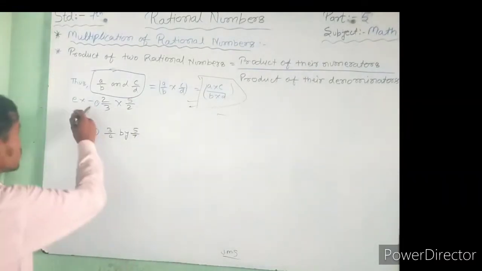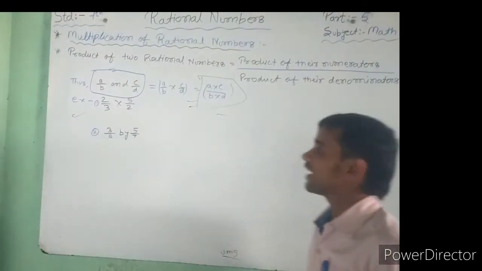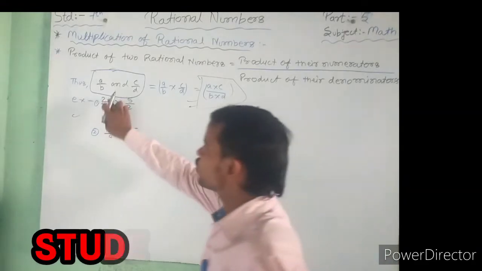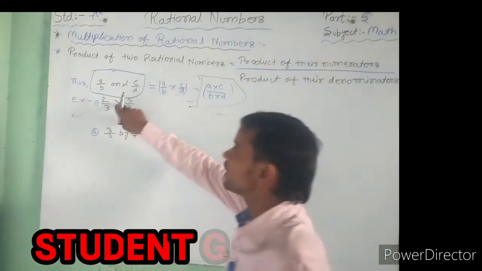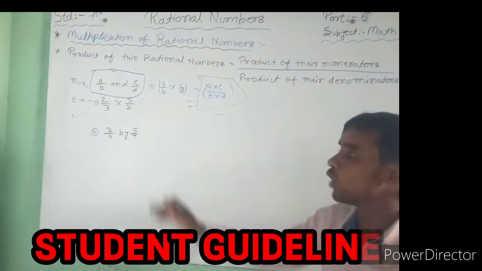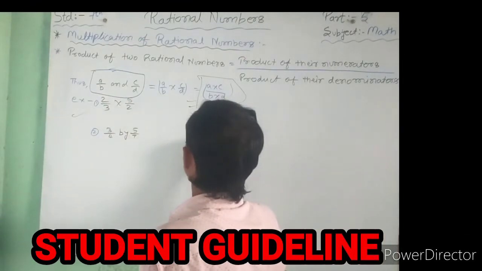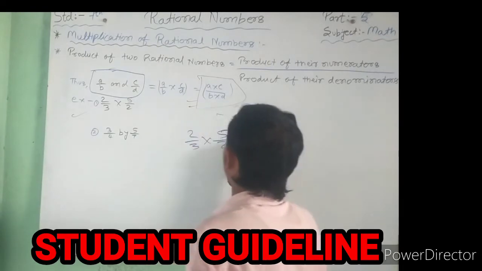Let us see one example of how to solve it. The question is 2 by 3 multiply 5 by 2. How to solve it?